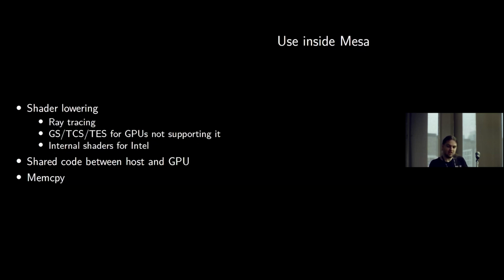But we also started to actually use OpenCL inside of Mesa, which is something I hadn't anticipated. To be clear, it's not the OpenCL runtime we are using. We are only using the OpenCL kernel language for internal GPU code.